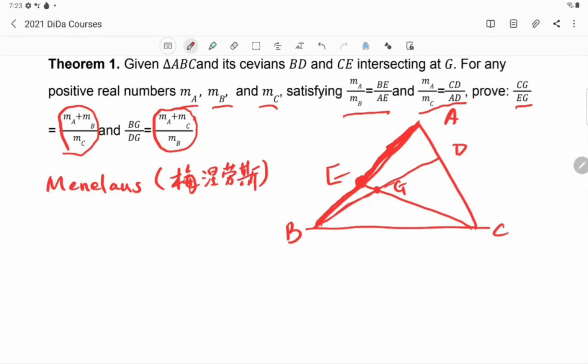Okay, so Menelaus theorem. So the way to do it: CG over EG, BE, AB.